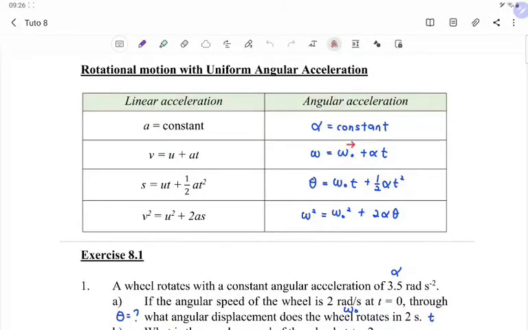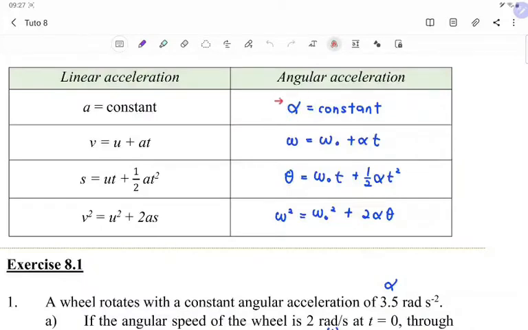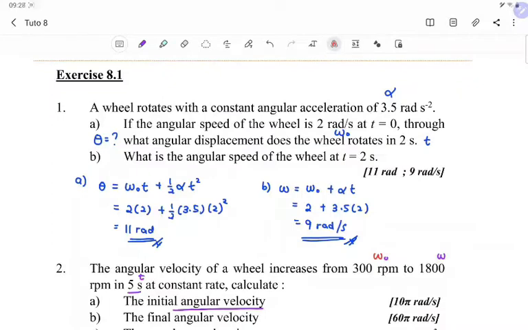Omega naught shows the initial value. You just change everything to the angular parameters. Remember the unit for alpha is radian per second squared, omega is radian per second, theta is in radian.